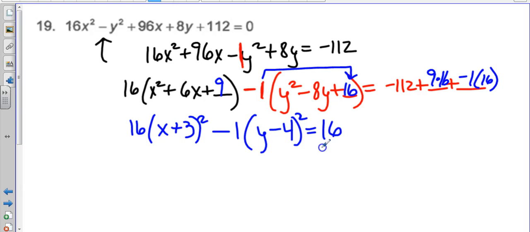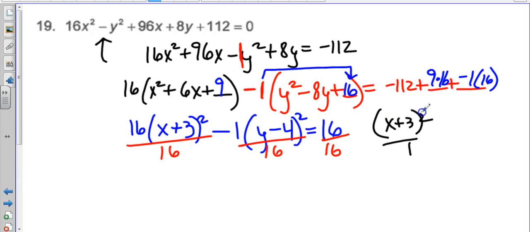Everybody okay? What is this because of the minus? Hyperbola. And we're going to divide everything by 16. So the proper form will say x plus 3 squared over 1, which you wouldn't have to write the 1, minus y minus 4 squared over 16 equals 1.